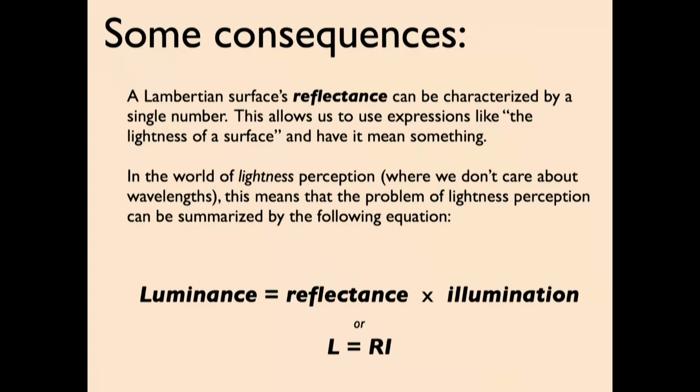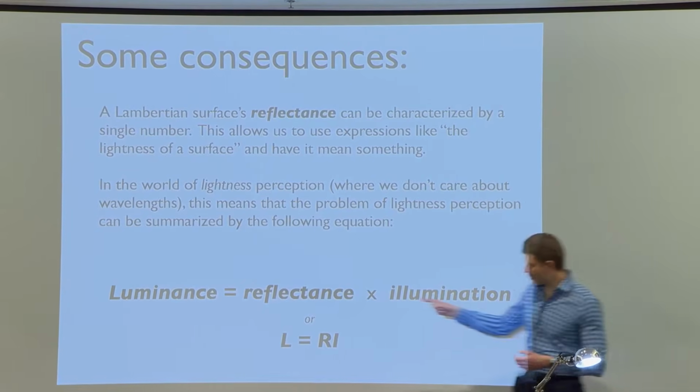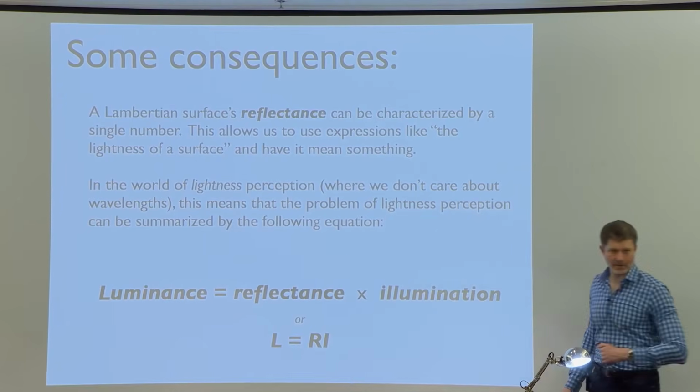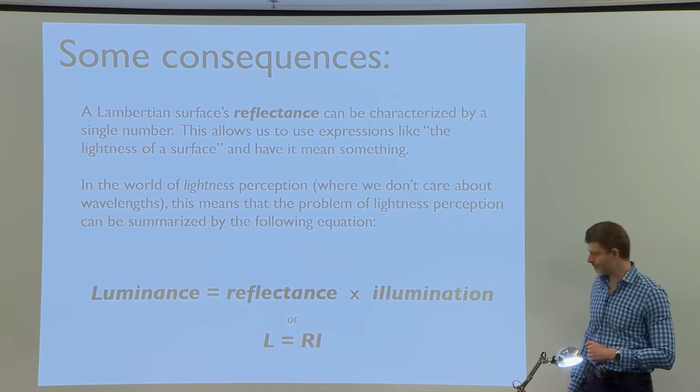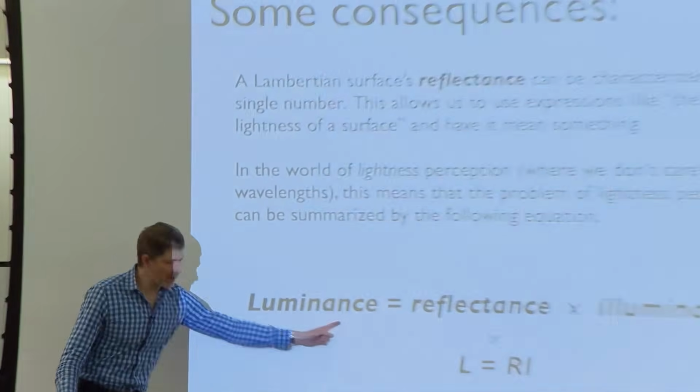There's this quantity of an object in the world called reflectance. That's the proportion of light that the surface will reflect. There is illumination coming from a light source. And the luminance that is reflected by the surface is the product of the reflectance and the illumination. Critically, this is what you measure.